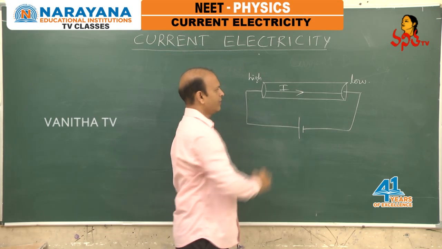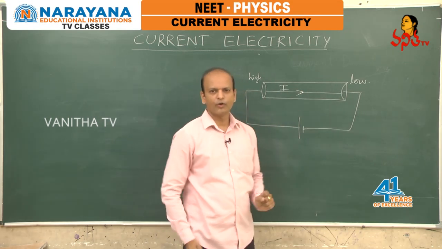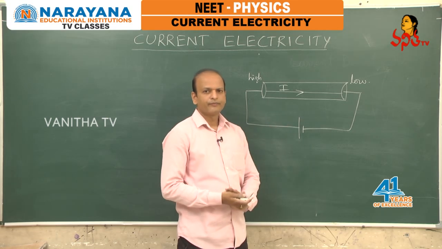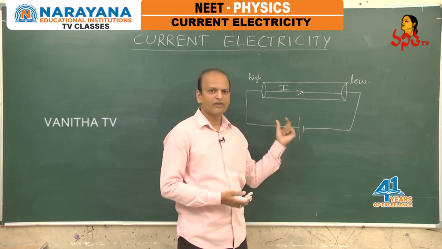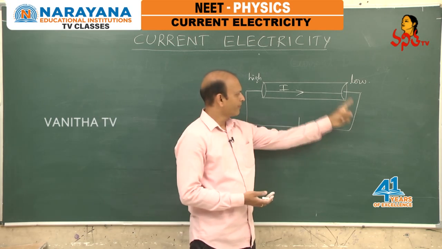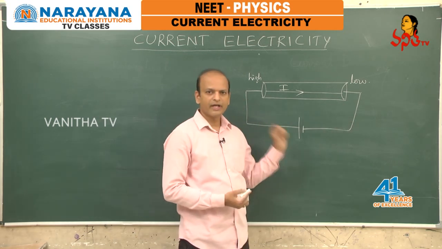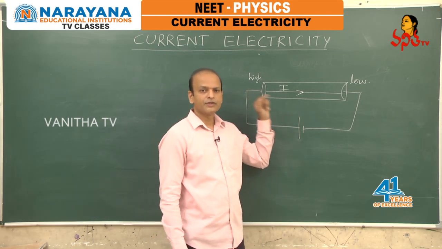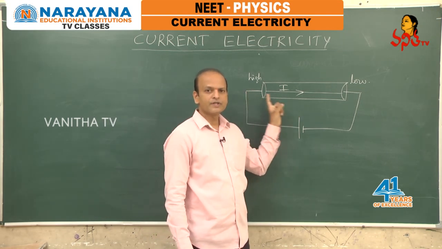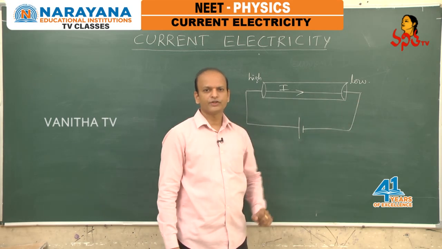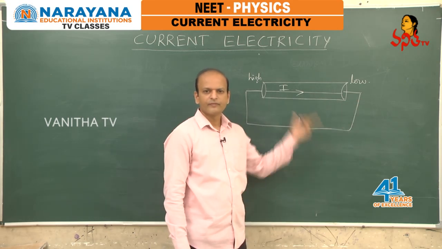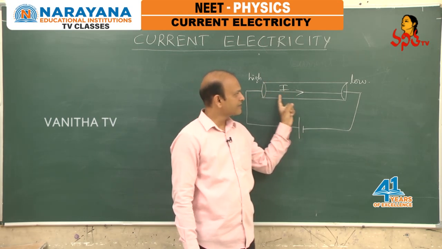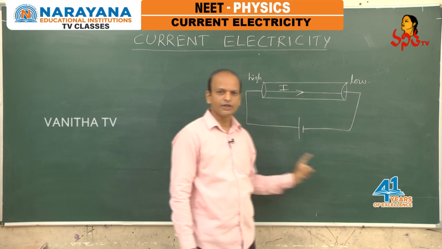Current will be passing from high potential to low potential. This direction is given as the conventional direction, because before the discovery of the electron, it was assumed that a positive charge might be flowing from high potential to low potential. Scientists observed, or they assumed, that there is some positive charge passing from high potential to low potential.